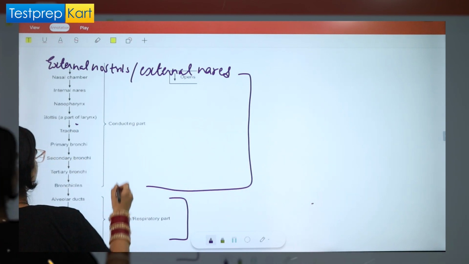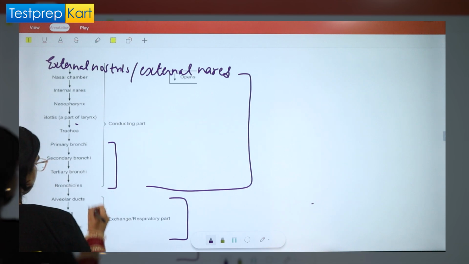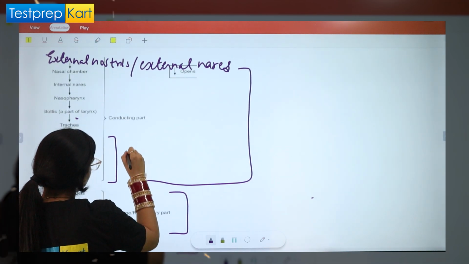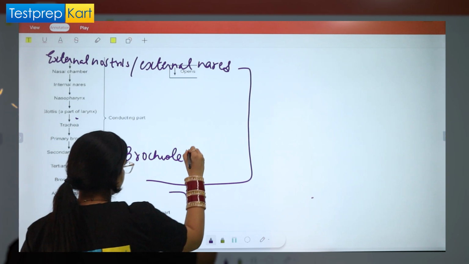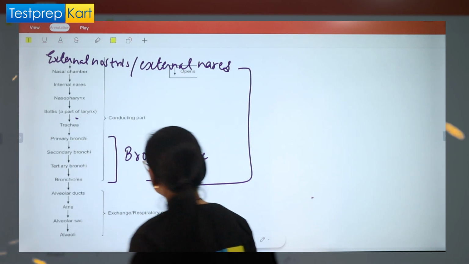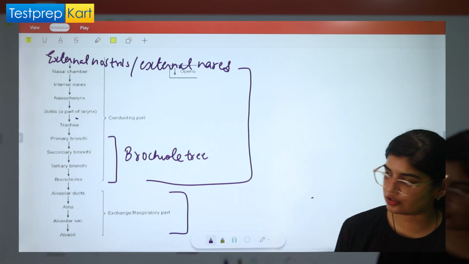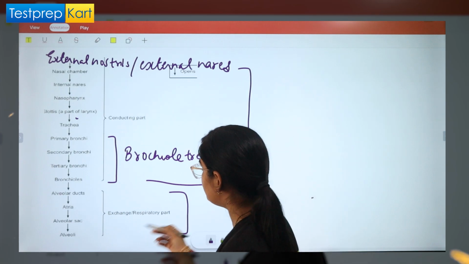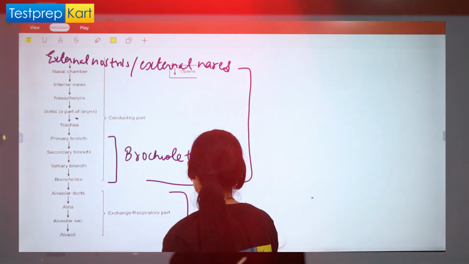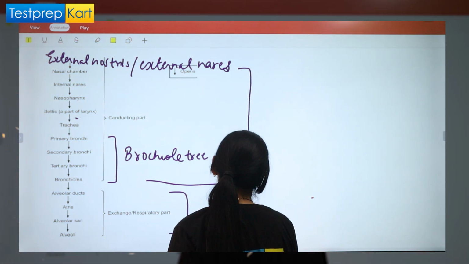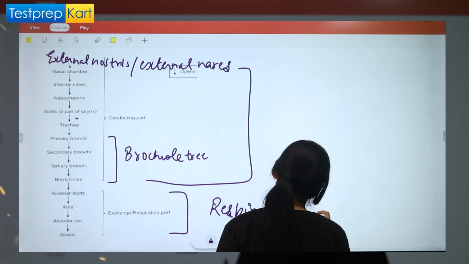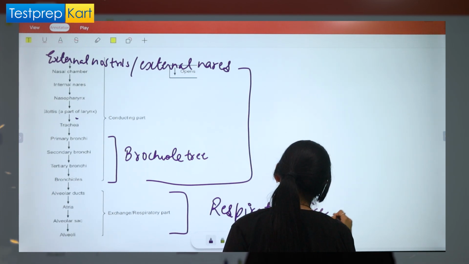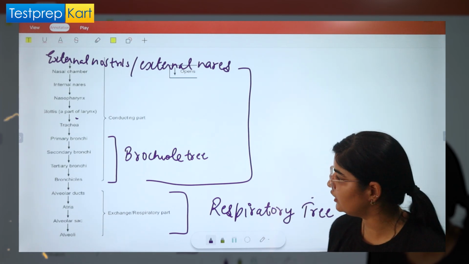Primary bronchi, secondary bronchi, tertiary bronchi, and bronchioles are collectively known as the bronchial tree. The bronchial tree is meant for the conduction of air only, and the respiratory or exchange part is known as the respiratory tree. Respiratory tree means the exchange of gases is taking place here, right?